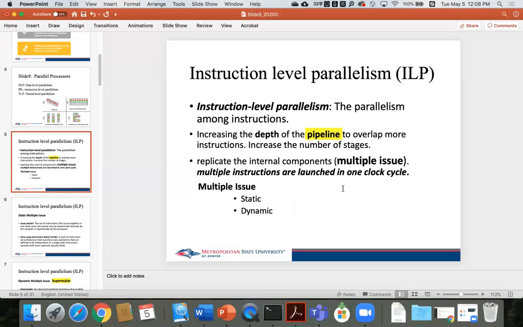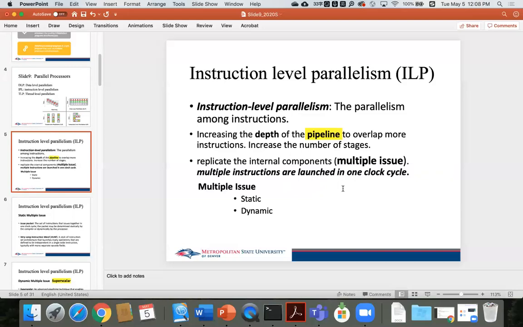For example, increasing the depth of a pipeline processor is a good way to implement instruction level parallelism, because the pipeline processor is the most typical example. ILP is talking about pipelines, because we're doing different things inside of the instruction at the same time, right?